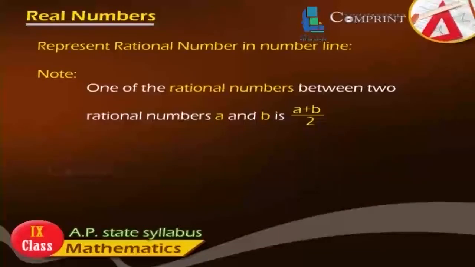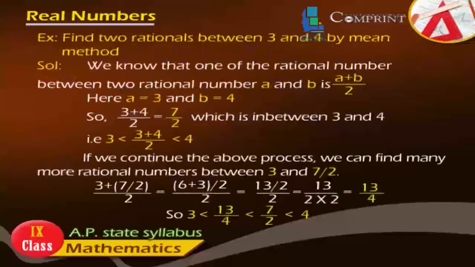Note, one of the rational numbers between two rational numbers a and b is (a plus b) by 2. Example, find two rationals between 3 and 4 by the mean method. We know that one of the rational numbers between two rational numbers a and b is (a plus b) by 2.